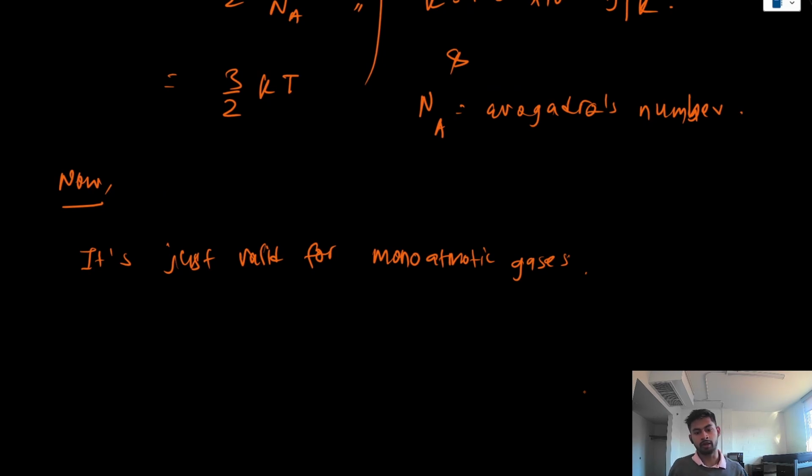What monoatomic gases means is these equations are applicable for gases like helium, neon, boron, argon.